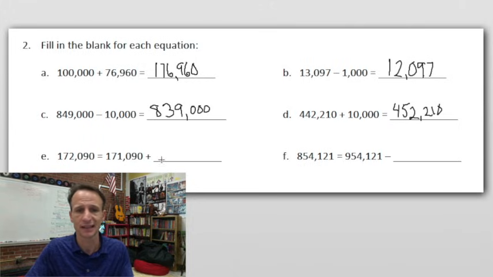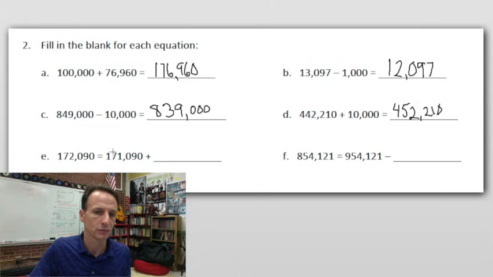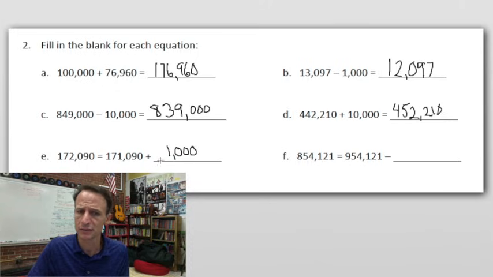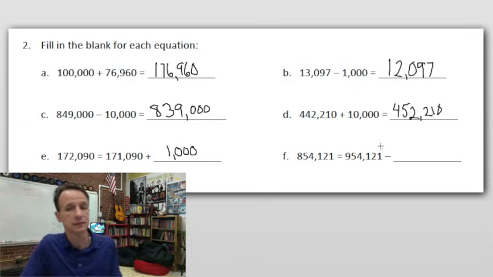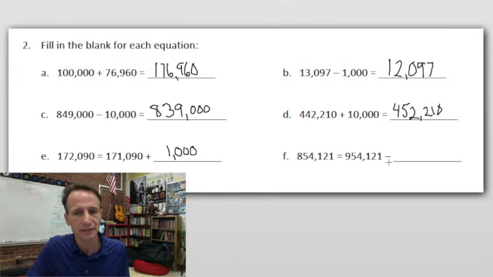You see there, I emphasized it, but the difference is in the thousands place, going from 1,000 to 2,000. What are we adding? Yes, 1,000. Ask yourself, does that answer make sense? Did I get tricked somehow? No. 171 plus 1 is 172. That works.